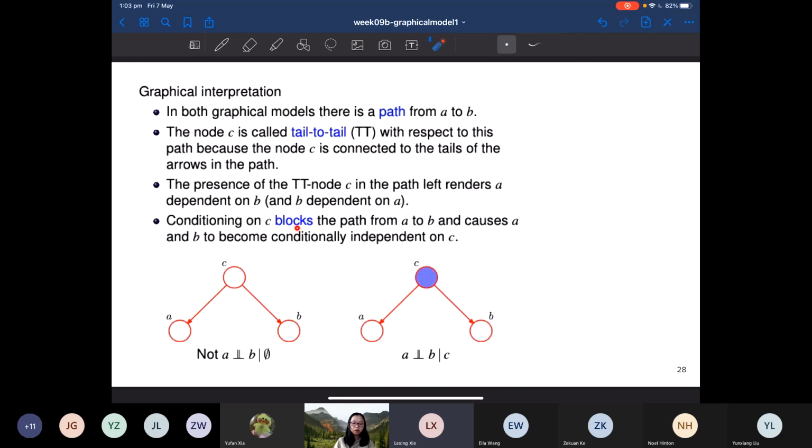And conditioning on C blocks the dependence between A and B. Going back to our toy example, knowing whether it's cloudy or not renders the probability of the sprinkler being on or not and raining or not independent.